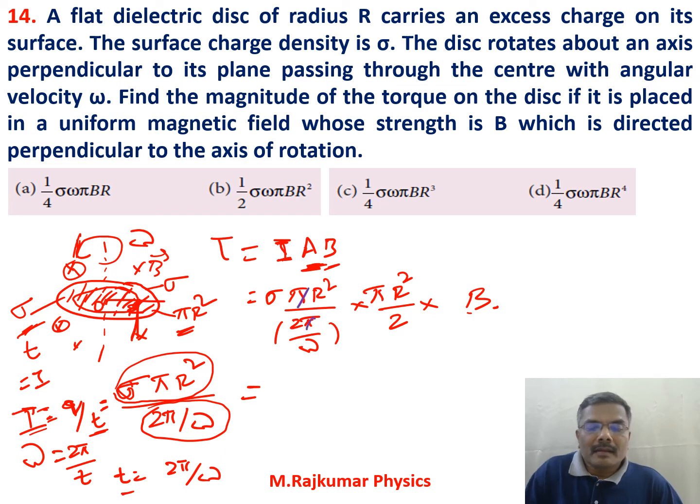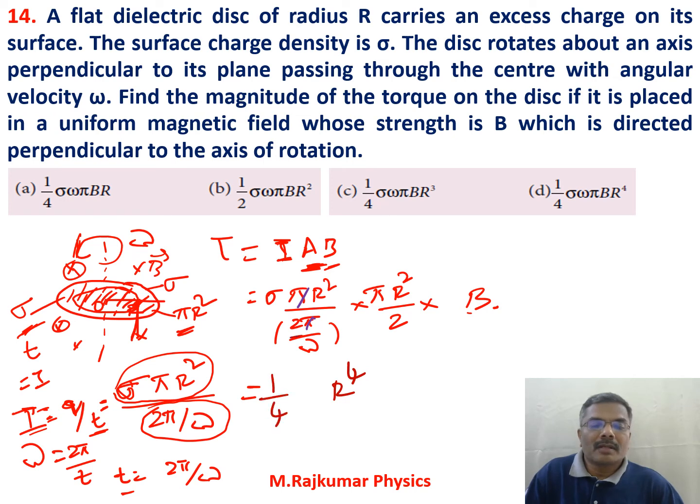Then r square and r square will become r power 4, and this 2 into 2 will become 1 by 4.